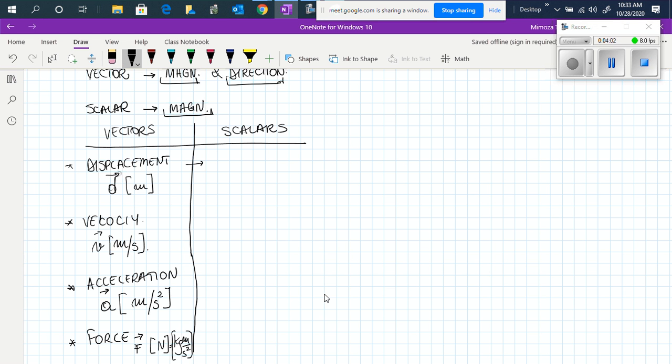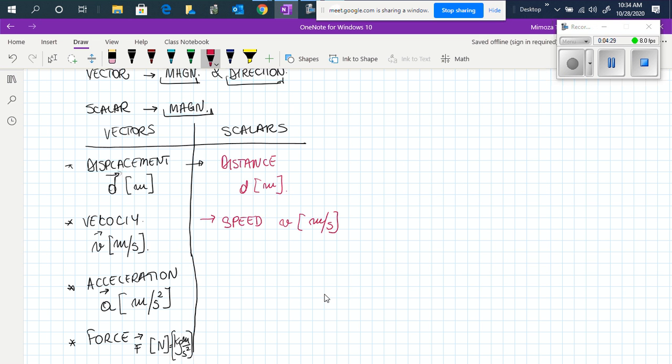The corresponding scalar quantity of the displacement is distance, and we assign it with letter d, and the units for it again are meters. For velocity it is speed, and again we assign it with letter v, and the units are meters per second.